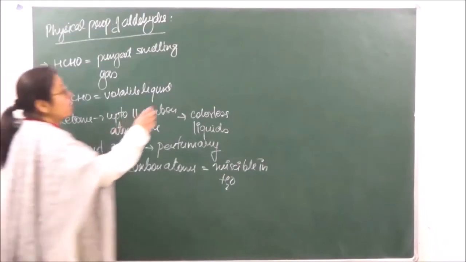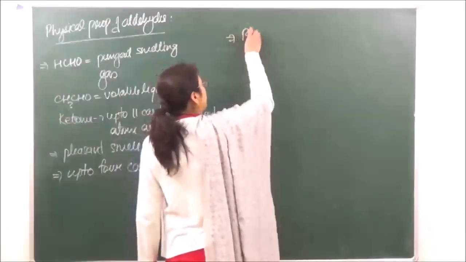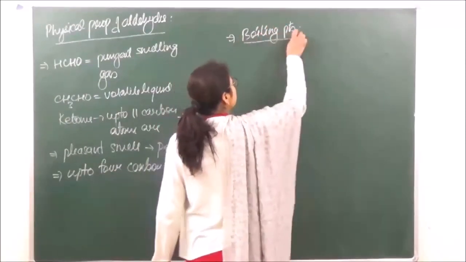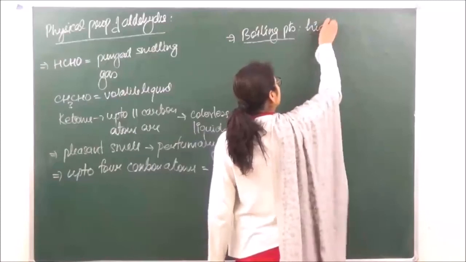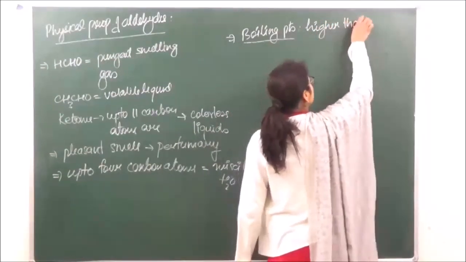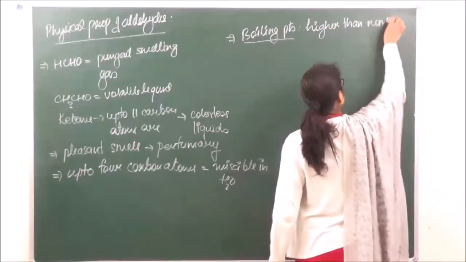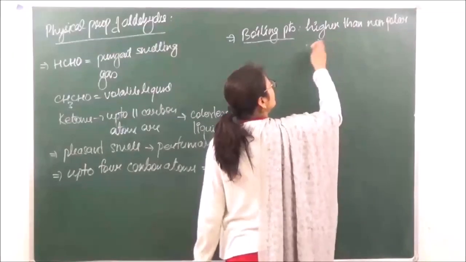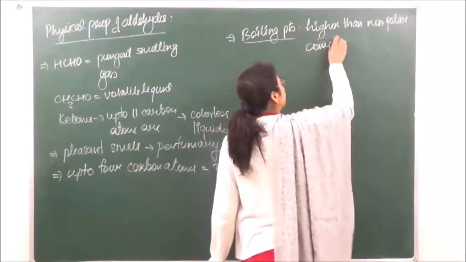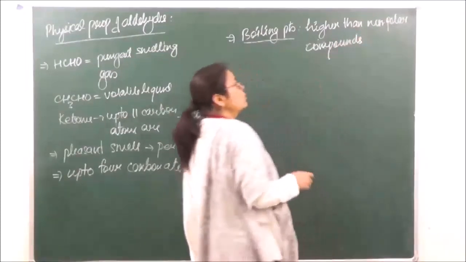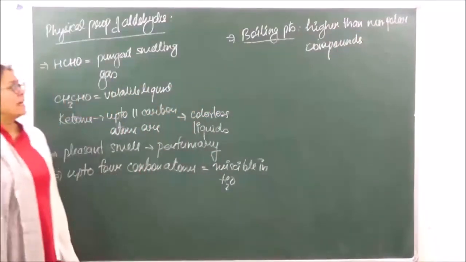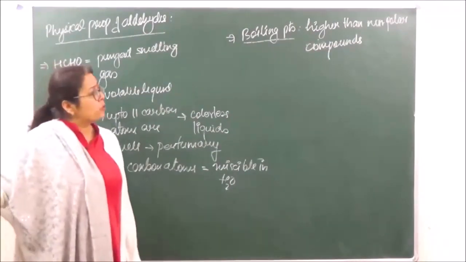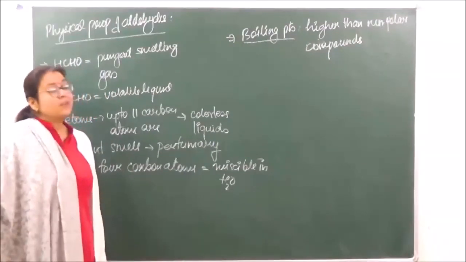When we talk of boiling points, those of aldehydes and ketones are higher than non-polar compounds. In aldehydes and ketones, the more prominent force of attraction is dipole-dipole interaction rather than hydrogen bonding.